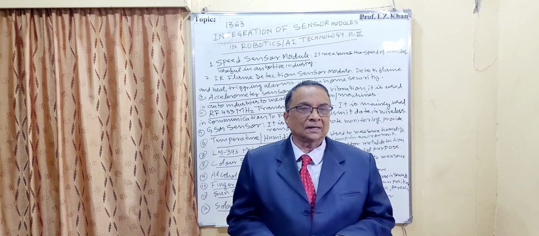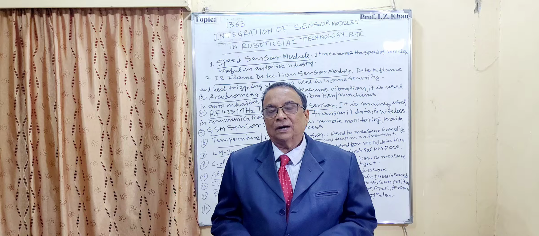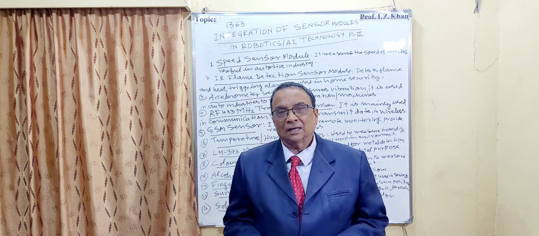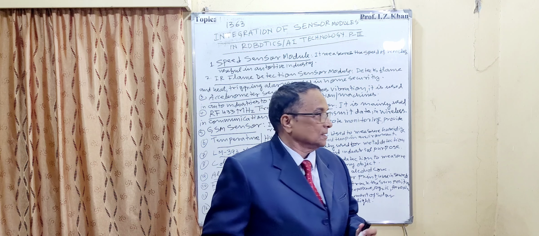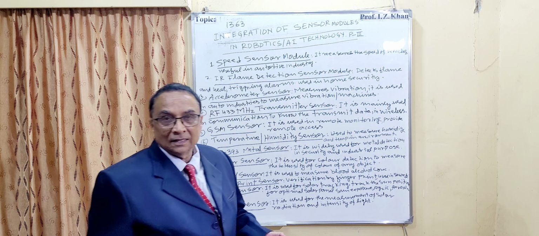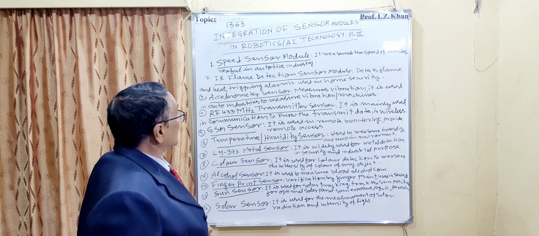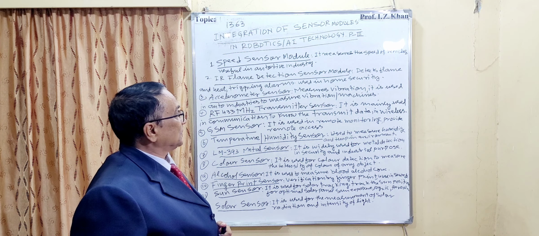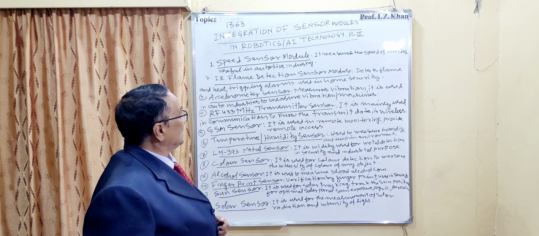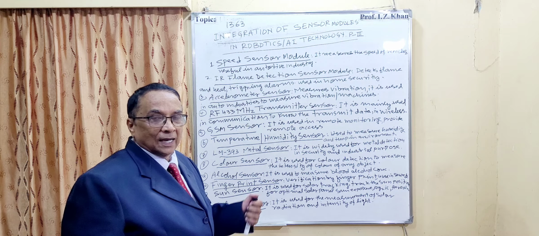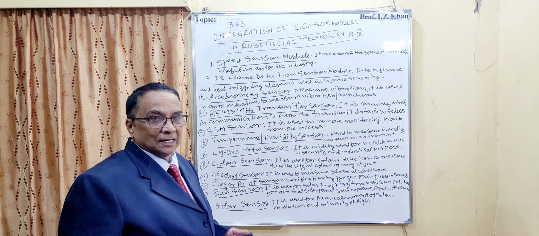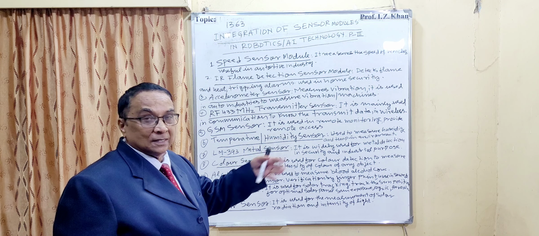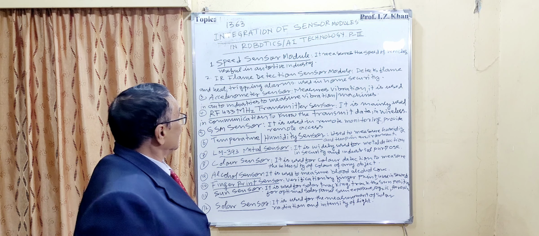So here I have written in the form of a summary these 12 very important sensors, their applications and uses, and you have already seen the images. Number one is the speed sensor module, and it measures the speed of vehicles, useful in the automotive industry, and it is integrated in a microcontroller system, and I have already mentioned all this in the previous lecture.